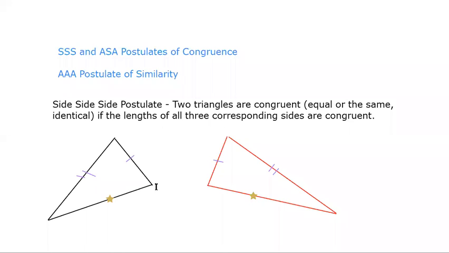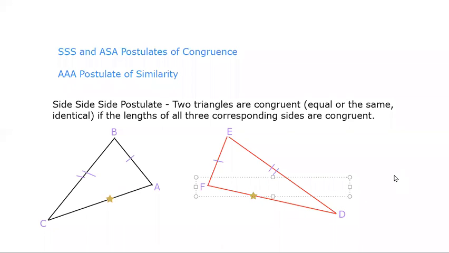Now, if we label this triangle with some vertex names, triangle A, B, C, and triangle D, E, F. The first thing that we need to look at is naming triangles in the proper order with correct sides.